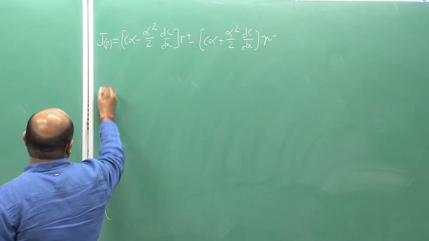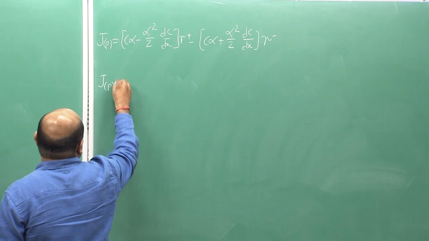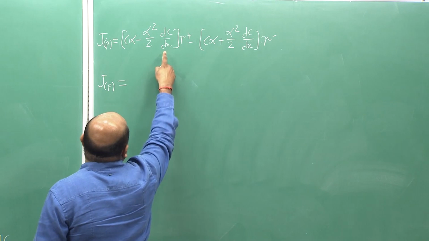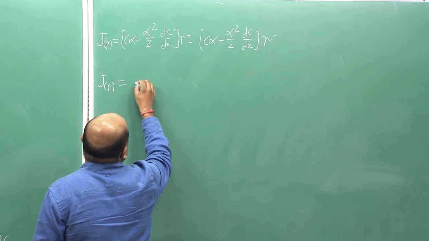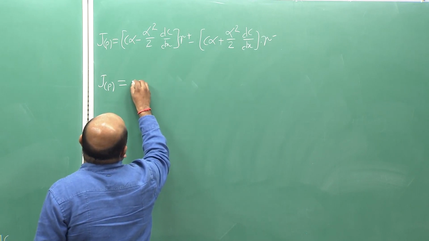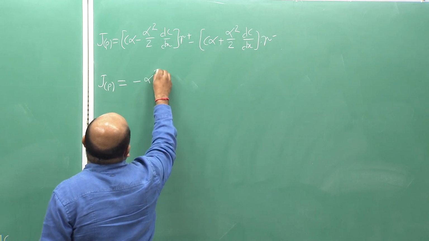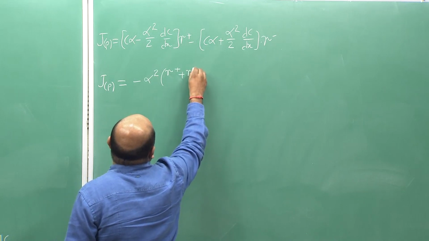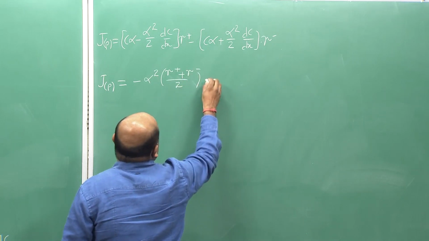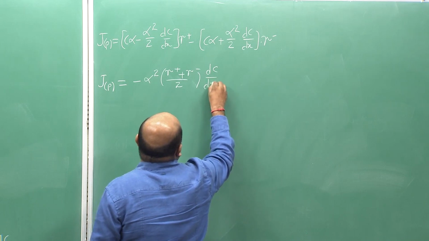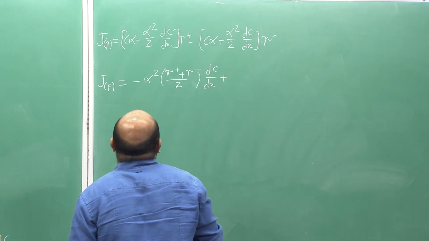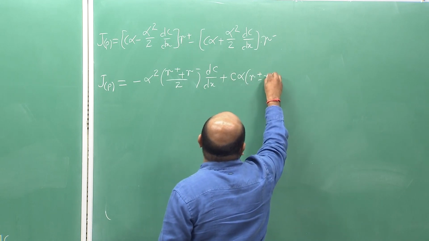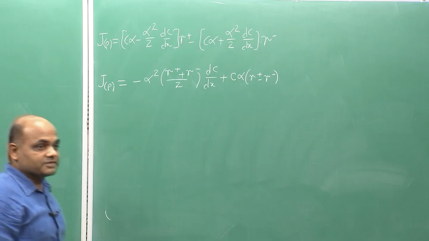And if we rearrange, you can take dc by dx term on one side. So, we get minus alpha square into gamma plus gamma minus by 2 dc by dx plus c alpha into gamma plus minus gamma minus.